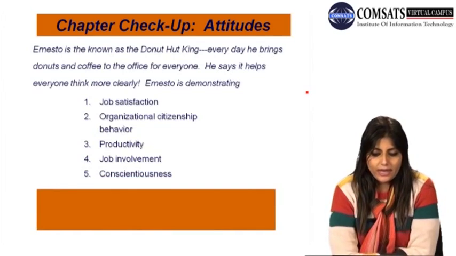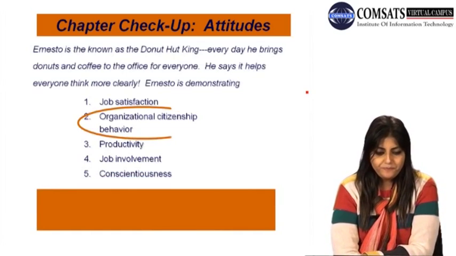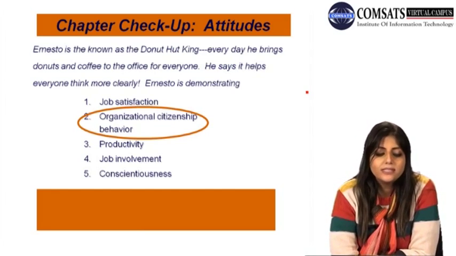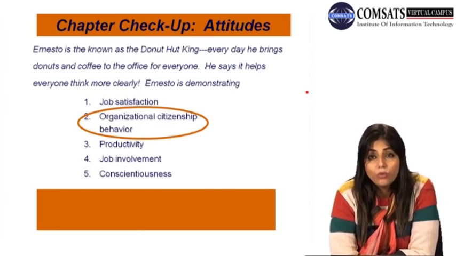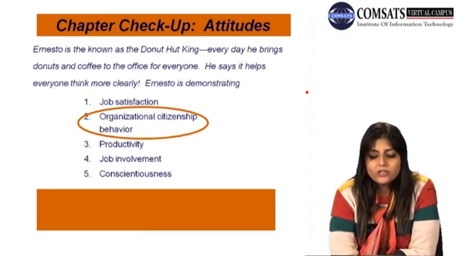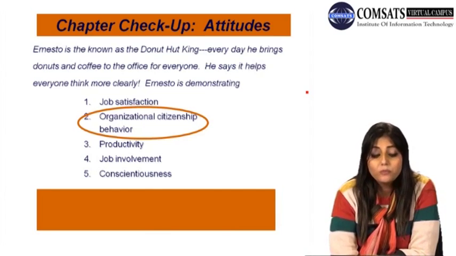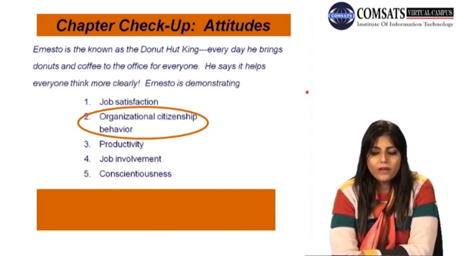Then we have another one here, which says that Ernesto is known as the donut hut king. Every day he brings donuts and coffee to the office for everybody. He says it helps everyone think more clearly. Is Ernesto demonstrating job satisfaction, organizational citizenship behavior, productivity, job involvement, or conscientiousness, right?